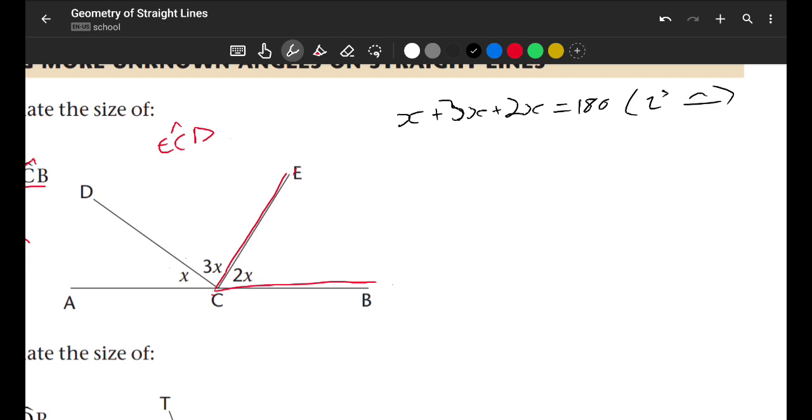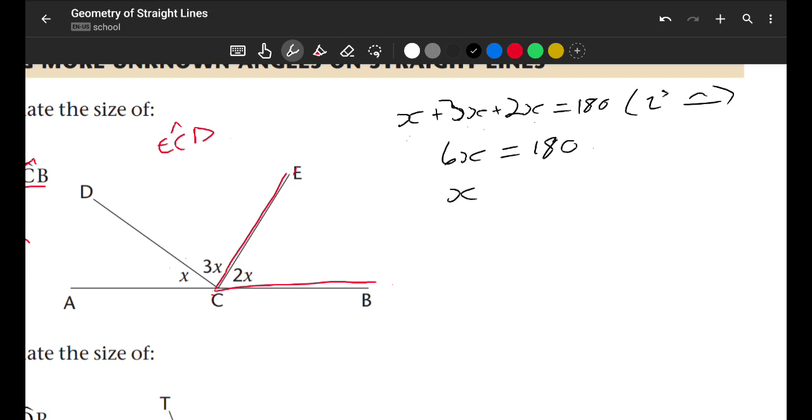Can you add x plus 3x plus 2x? Yes, because they're all x. It's not power of 2, it's not power of 3. They're all just basic x's. So x plus 3x gives us 4x, plus 2x gives us 6x. 6x is equal to 180 degrees.